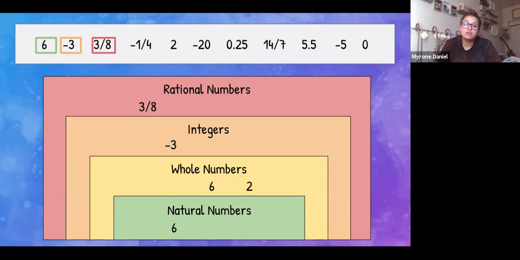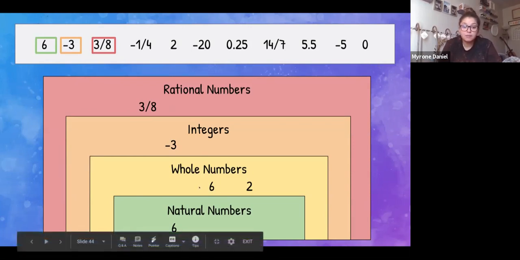Rational numbers are basically mostly all the numbers from negative, 0, and to positive fractions. So, like I said in the previous slide too, natural numbers are whole numbers, but not all whole numbers could be natural numbers. Same with integers.